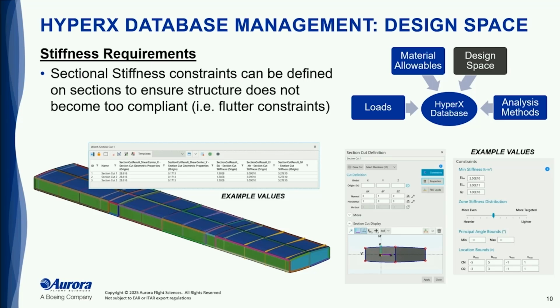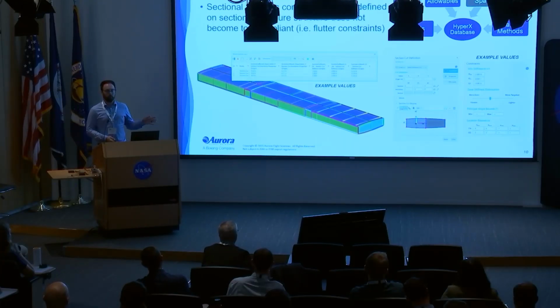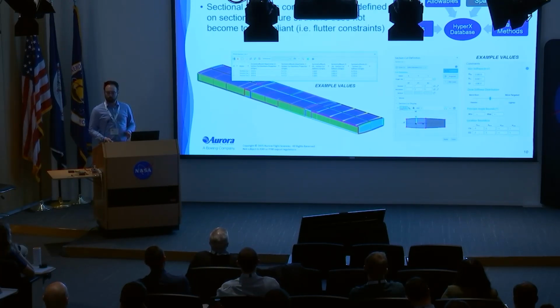And as we talked about, and I'm excited to hear more, is the stiffness requirements that can be really critical for aeroelastic considerations. So here we have the horizontal tail box on the structure, pretty simple structural layout, but you have section cuts here to ensure that your bounds are met. So if you have some type of stiffness criteria to meet your aeroelastic margins, you have a bound to set on a minimum side and a way to track that as you go through the iteration process.